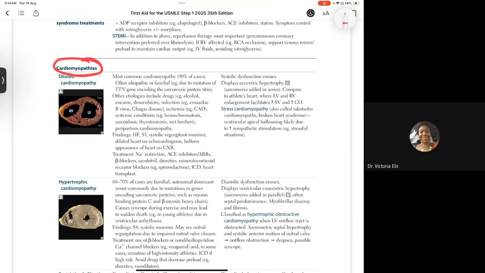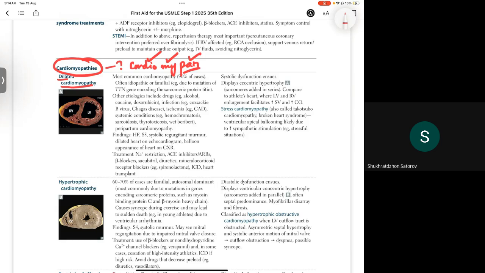What is cardiomyopathy? Do you guys know what is cardiomyopathy? Yes, it's diseases of the heart's muscles. Okay, cardiomyopathy. Cardio for heart, myo for muscle, pathy for pathology. So it's going to be pathology of cardiac muscles. The first one which we are going to discuss is dilated cardiomyopathy.